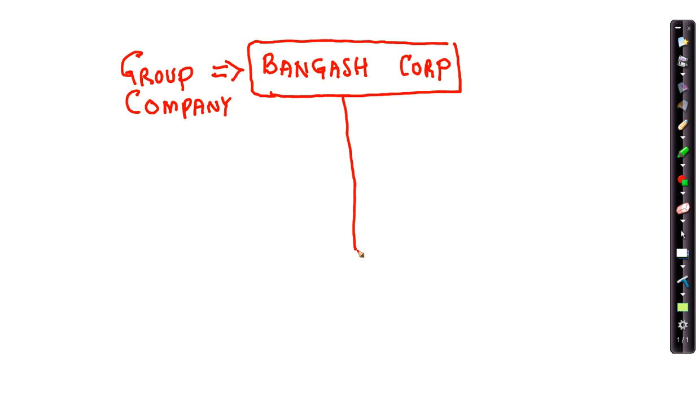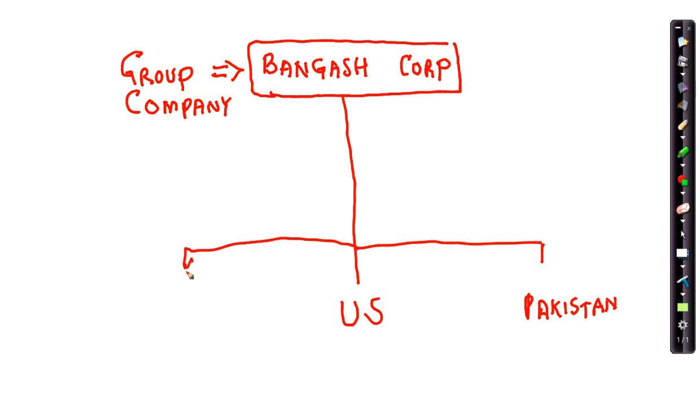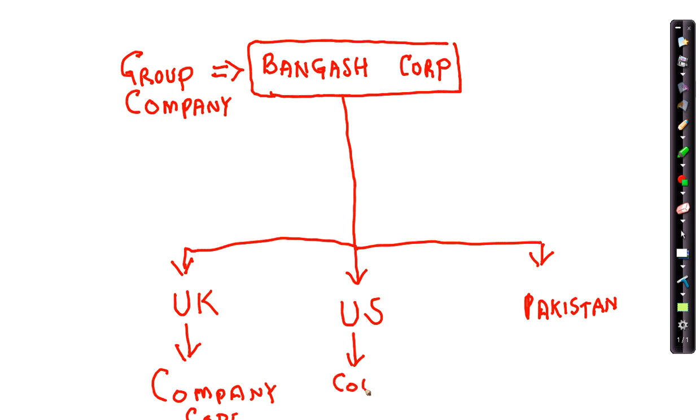Now you have business in Pakistan, in the US, and in the UK. These will be company codes in SAP. This is one company code, this is another company code. I will show you how to create a company and company code.